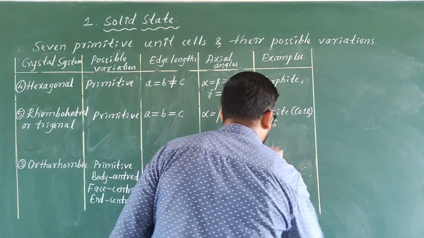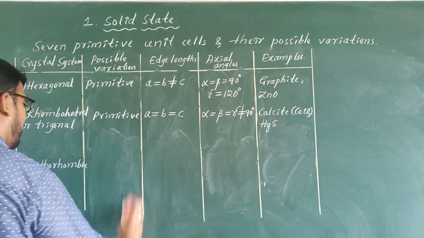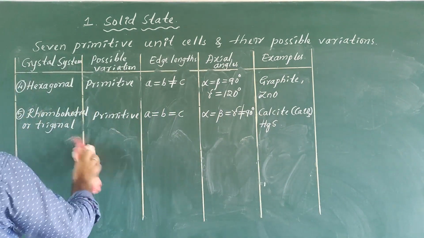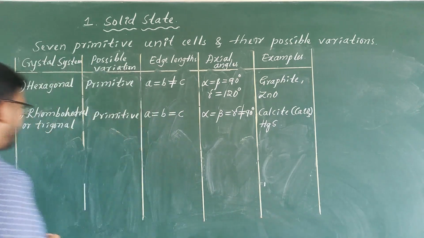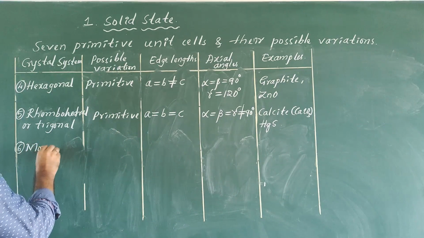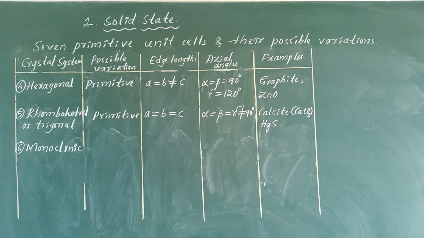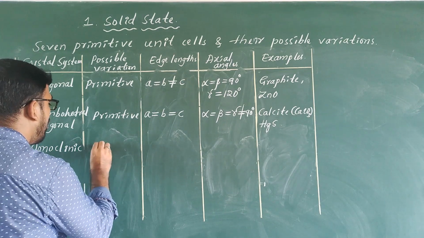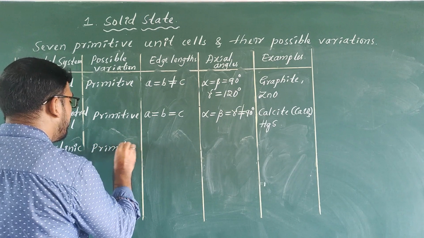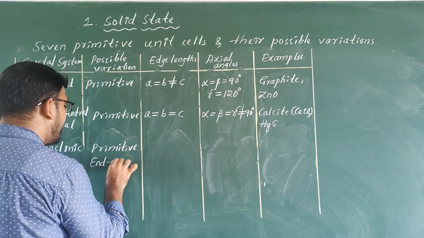So the next one is the sixth one, monoclinic. In a monoclinic crystal system, there are two possible variations. One is primitive, another one is end centered.